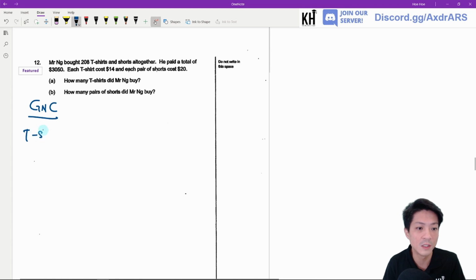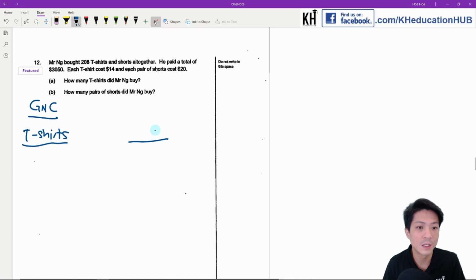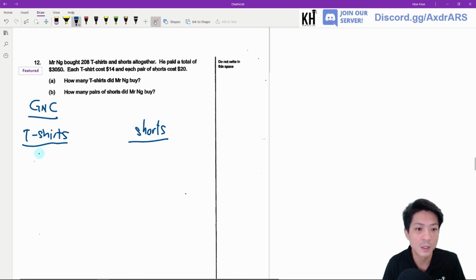We just need to write the t-shirts, and the next thing that we need to guess will be the shorts. Usually the first guess will be somewhere in the middle. So I'm going to guess there are 104 t-shirts and 104 shorts.